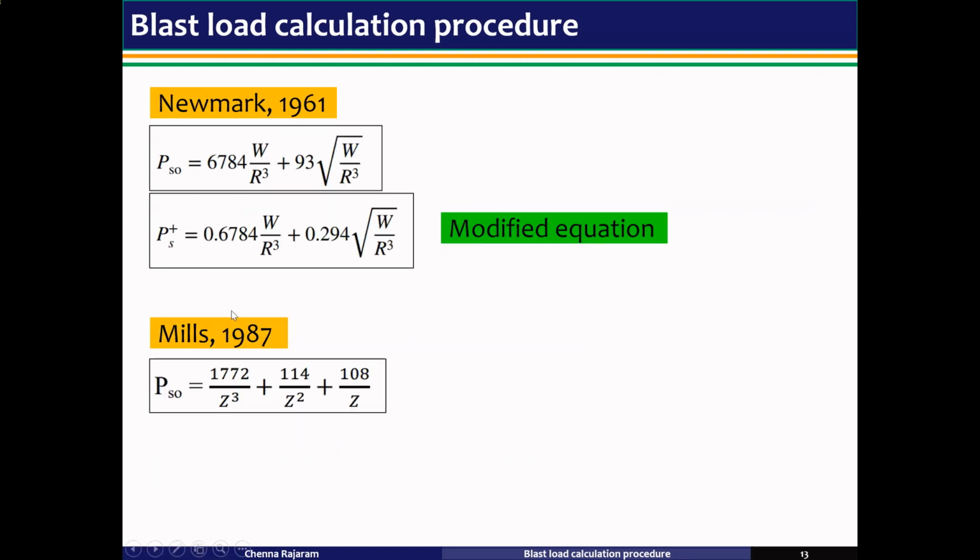In 1961, Newmark proposed an equation, and later it was modified. So this is the modified equation you can see here. And in 1987, Mills proposed another equation which is dependent on the scaling factor only.